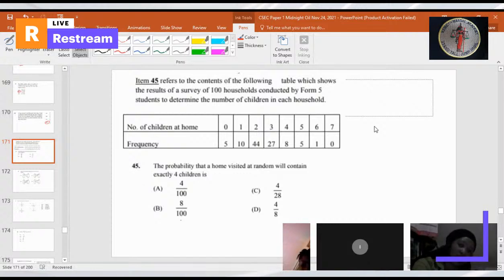We have to put the frequency of the 4 children over 100.